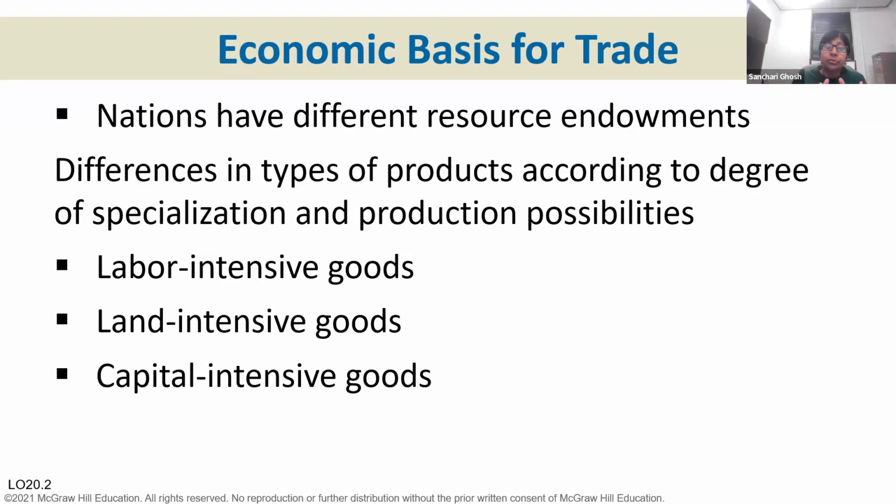So when we say that US is exporting a large amount of software products, part of the reason is US has a lot of capital intensity in its production. So basically, when we see hard manufactured industries versus very highly capital intensive, very highly technologically intensive industries in countries, we are actually laying out an economic basis for trade.